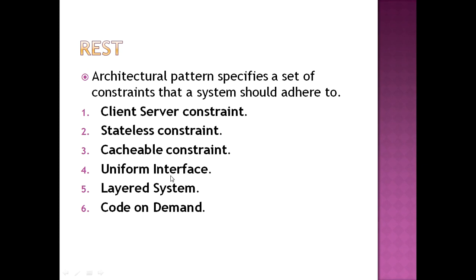Uniform interface constraint. This constraint defines the interface between the client and the server. To understand the uniform interface constraint, we first need to understand what a resource is and the HTTP verbs.